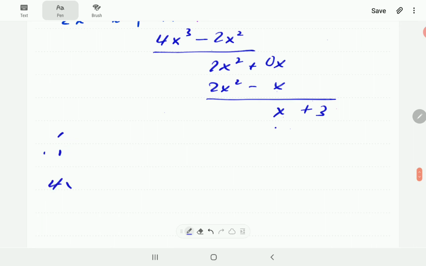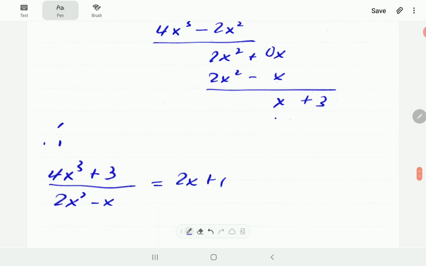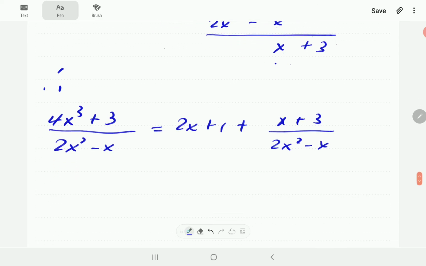So 4x cubed plus 3 divided by 2x squared minus x is equal to 2x plus 1. That's the quotient here. Then the remainder is x plus 3, over 2x squared minus x. This is where our attention is now going to focus. So I'm now going to resolve this into partial fractions.